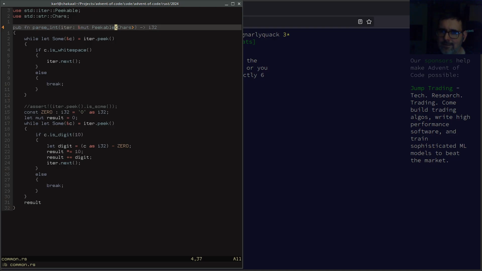Oh, okay. Yeah, I figure I'm probably supposed to be using iterators.